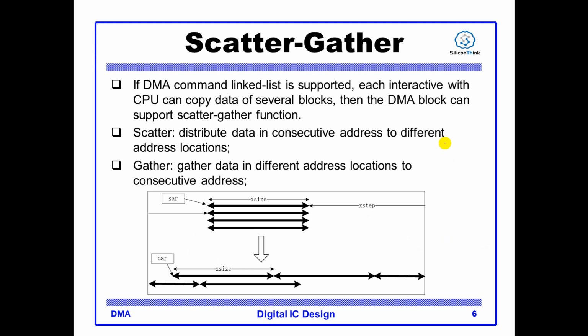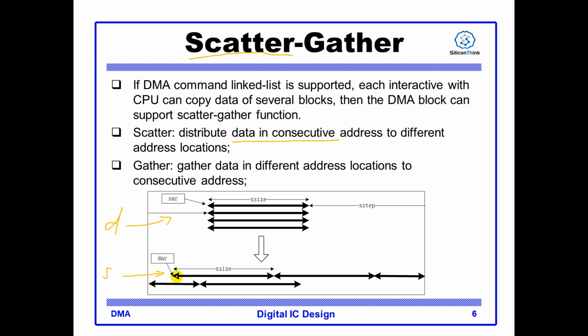And in this slide, I will talk about the scatter and gather function in DMA operation. So what is scatter? That is, it will distribute data in consecutive addresses to different address locations. For example, this is the data at the source location, and this is the data at the destination location.